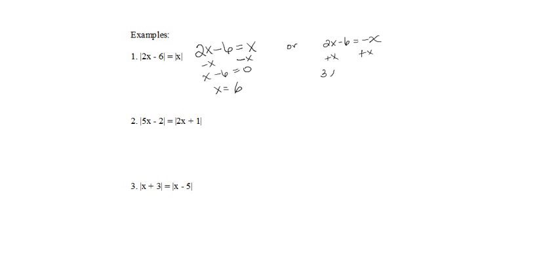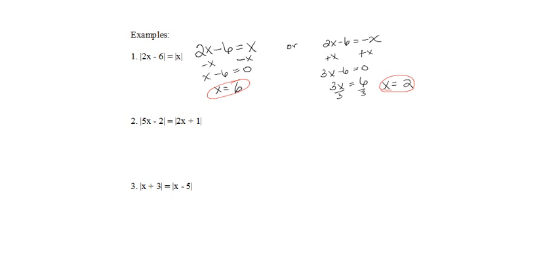So I'm going to get 3x minus 6 equals 0. When I move the negative 6 over, I'm going to add it. And then now I divide by 3. So I get x equal to 2. So I have two answers for this equation, x equals 6 and x equals 2.